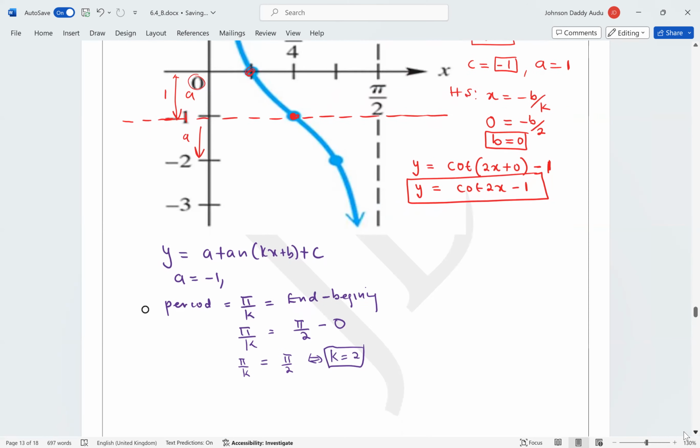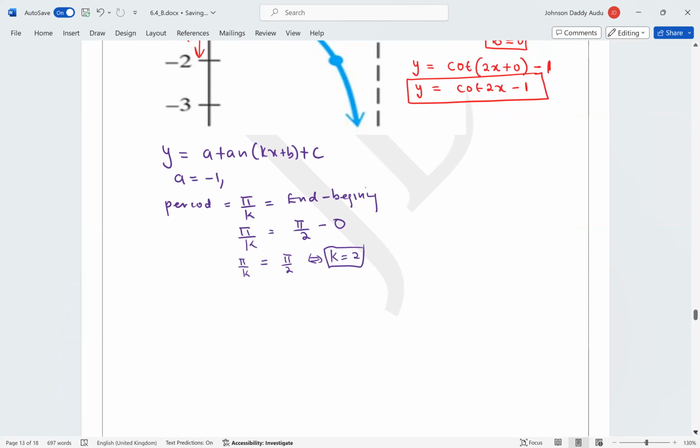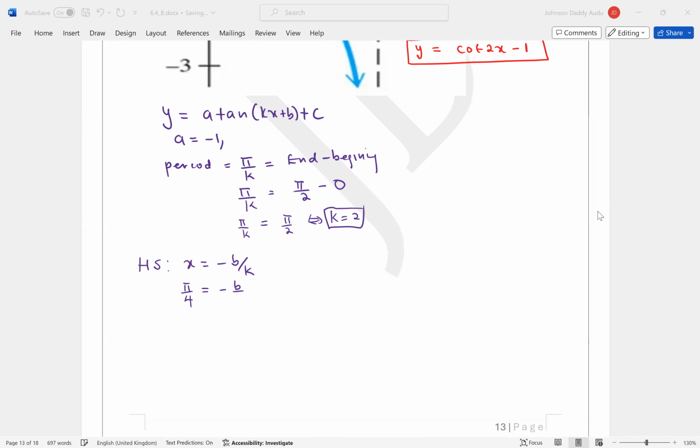But now what will change is when you are dealing with the horizontal shift. So here we will have minus b over k, and k is 2, so we have pi over 4 is equal to minus b over 2, and this means b is minus pi over 2, right?